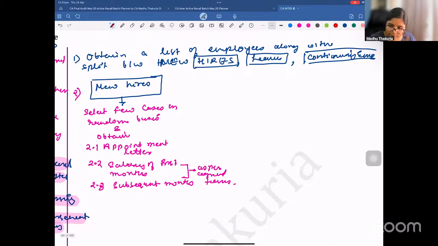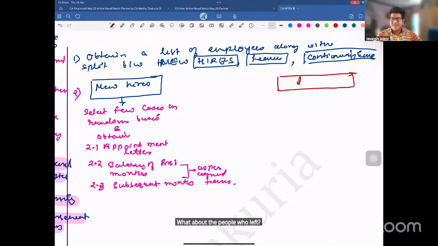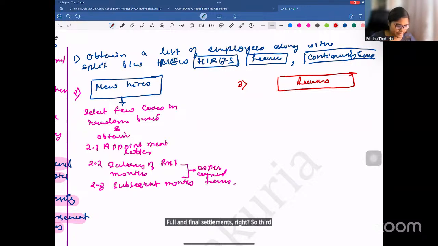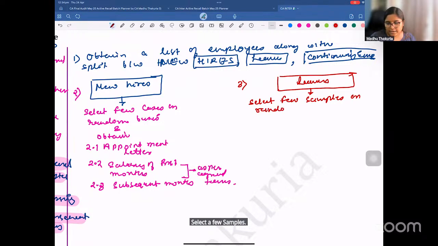What about the people who left? Full and final settlements, right? So the third is the leavers. Select a few samples on a random basis.